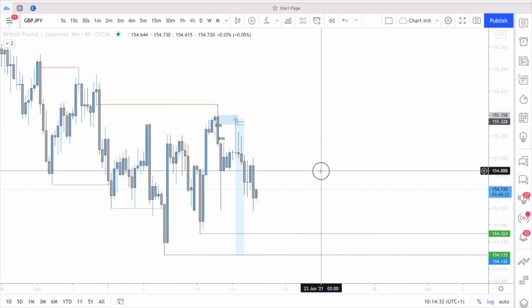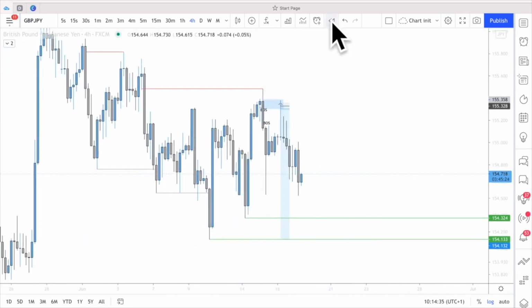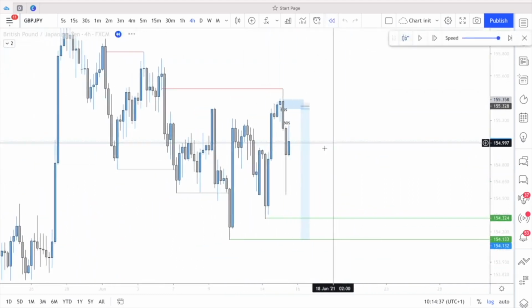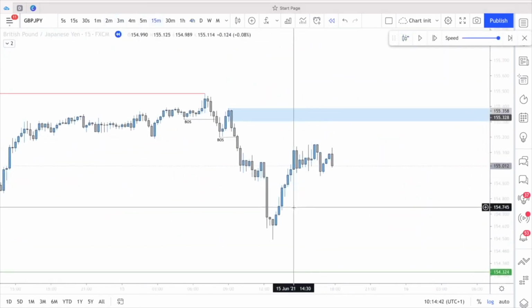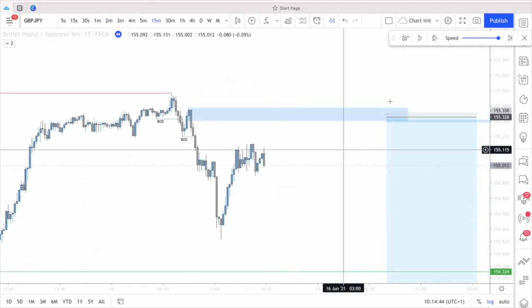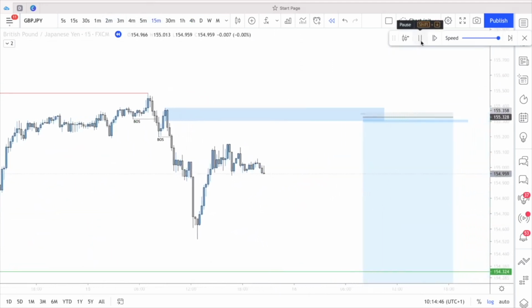Now that we have this mitigation here, if we zoom into that and go to the 15-minute time frame, let me play this out just a little bit.